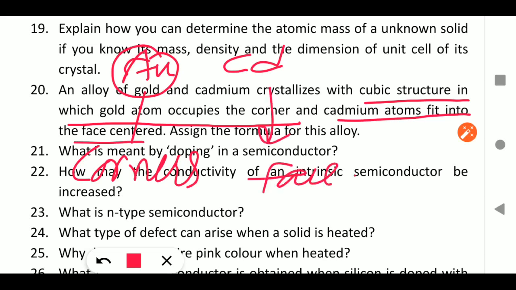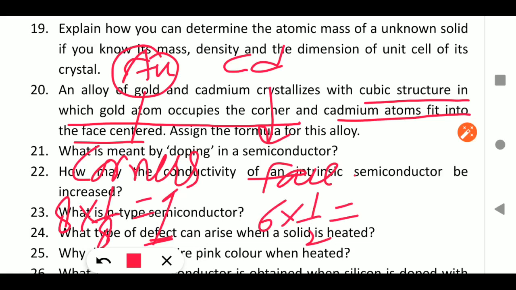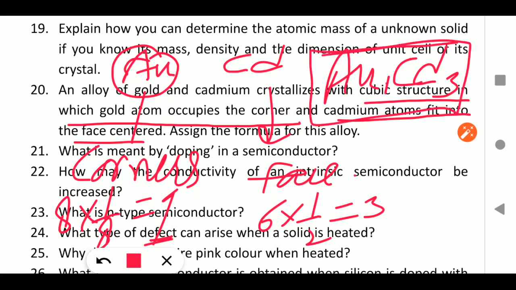What is the formula? Corners are 8 and contribution is 1/8, so the number of gold atoms is 1. Faces, 6 faces are there, and contribution is half, so cadmium atoms are 3. So the formula is AuCd3. Is it clear?